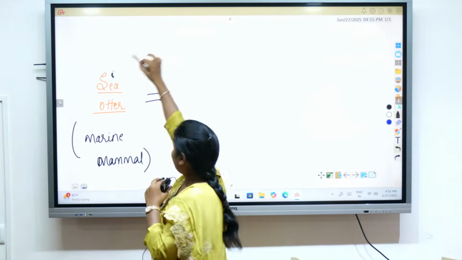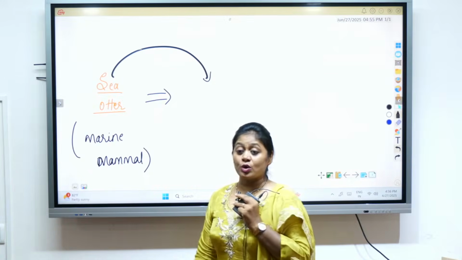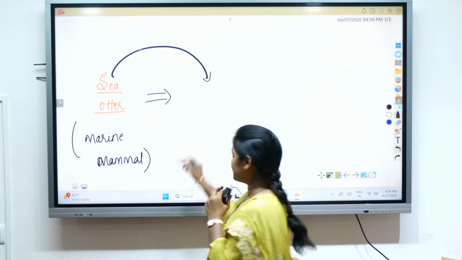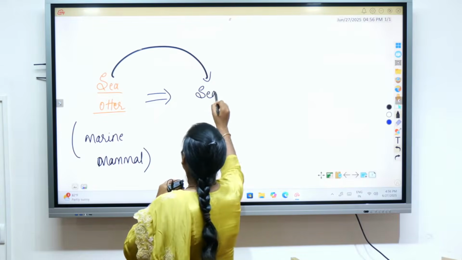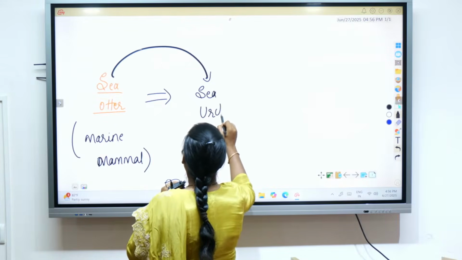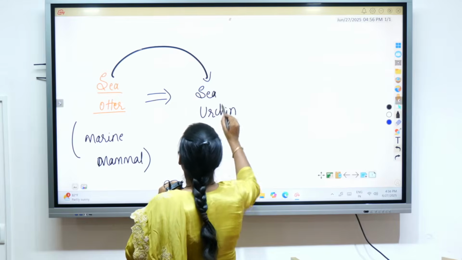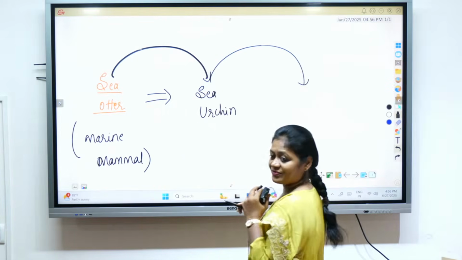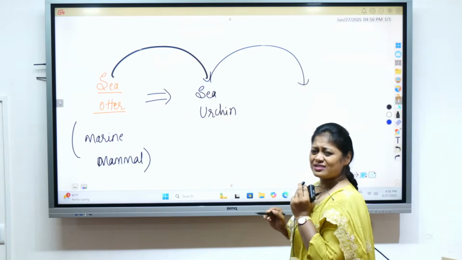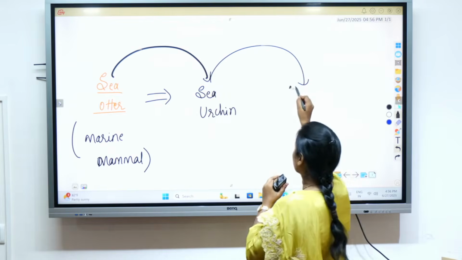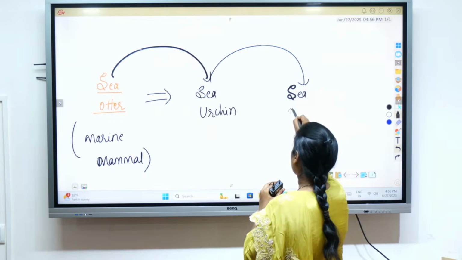They feed on sea urchin, and this sea urchin feeds on seagrass, isn't it? Seagrass.